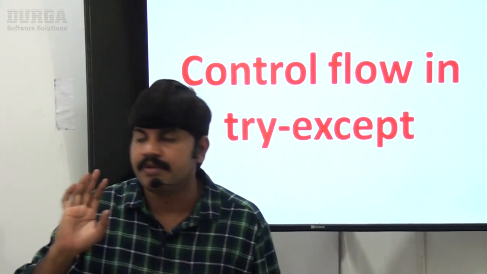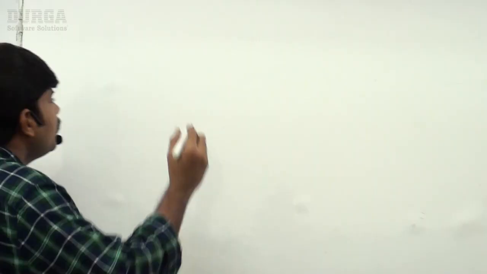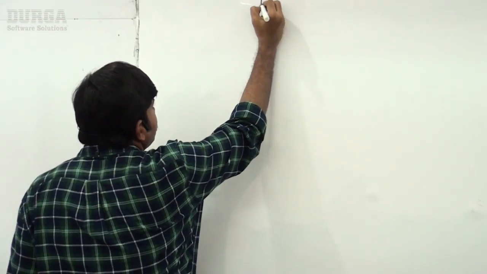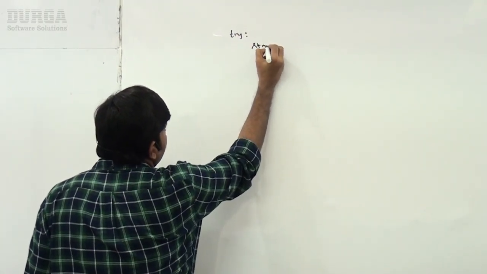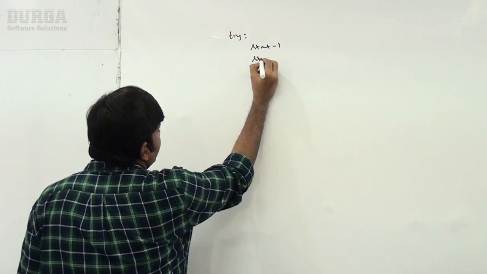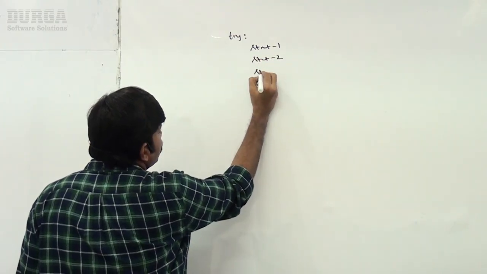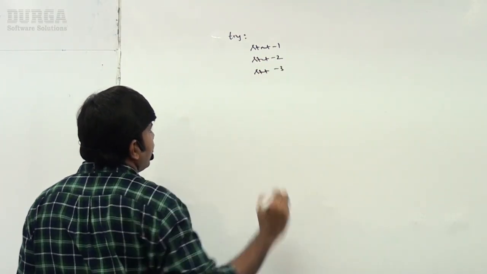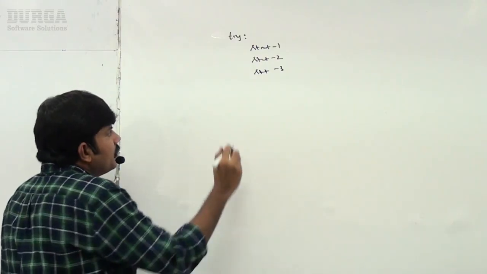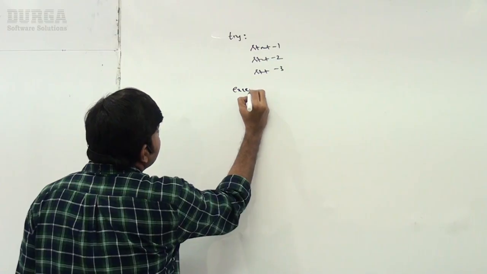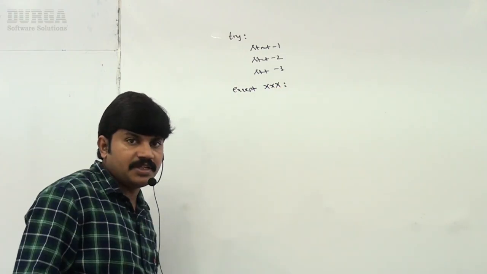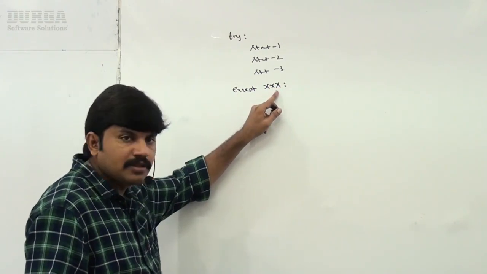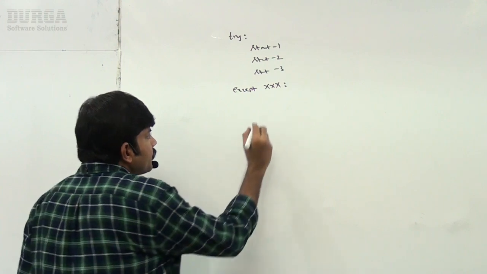You should compulsorily be aware of this. Okay, here is very simple terminology, sir. Here I am taking try with statement 1, statement 2, statement 3. Next, the except block I am taking with some x, meaning either ZeroDivisionError or ValueError, the name of the exception.